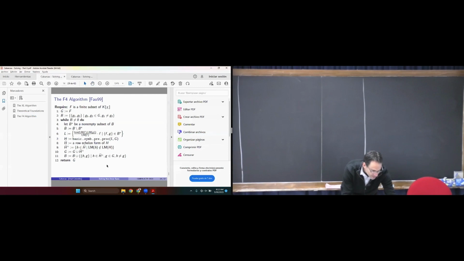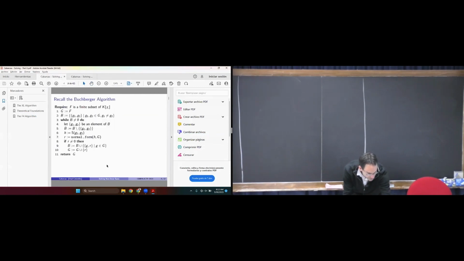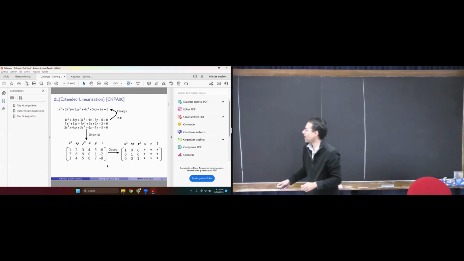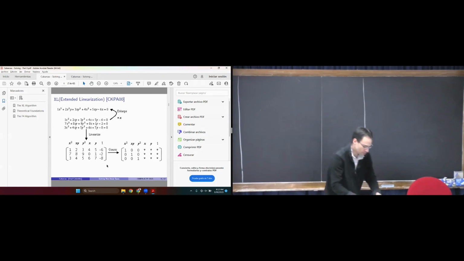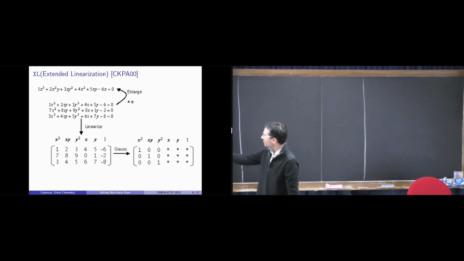Okay, so let's remember the idea, at least, of the Excel algorithm. So we were trying to solve a system of polynomial equations. And what we did was we take these three equations. This is what we want to solve. We linearize, put them into a matrix. We do Gaussian elimination. We are not able to solve yet.